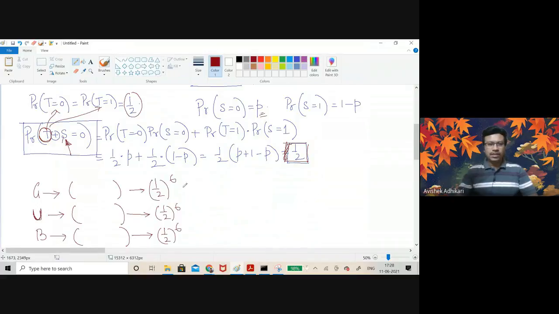So you can understand that these two, the boy and the girl, have the shares. Even if they have the shares with them, the probability of guessing the secret is half to the power 6, same as you who do not have any of the shares.